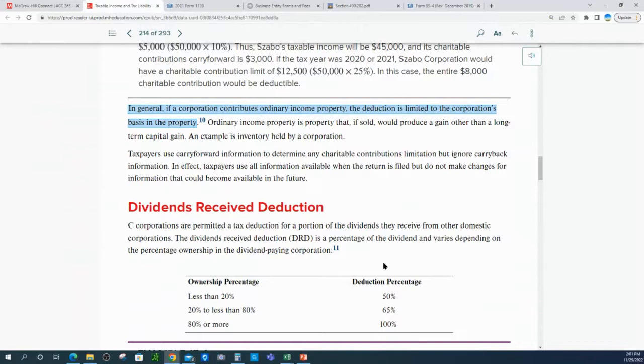We've seen that in most cases, something that is considered income to one party is a deduction to the other. For example, when companies pay employees wages, those wages are taxable to the employee, but they are deductible to the employer. So it doesn't get taxed twice. Well, same thing does not apply to dividends.